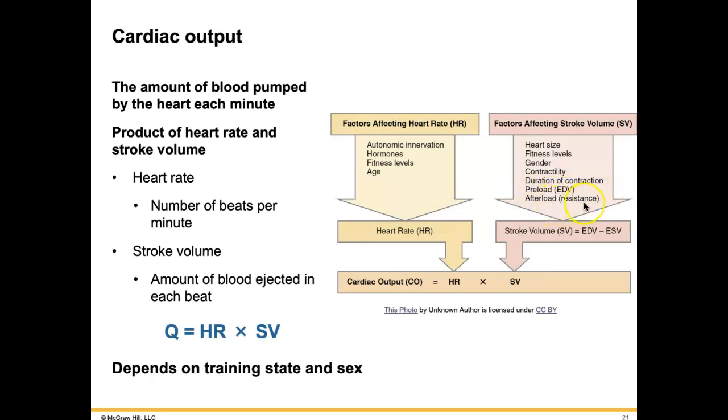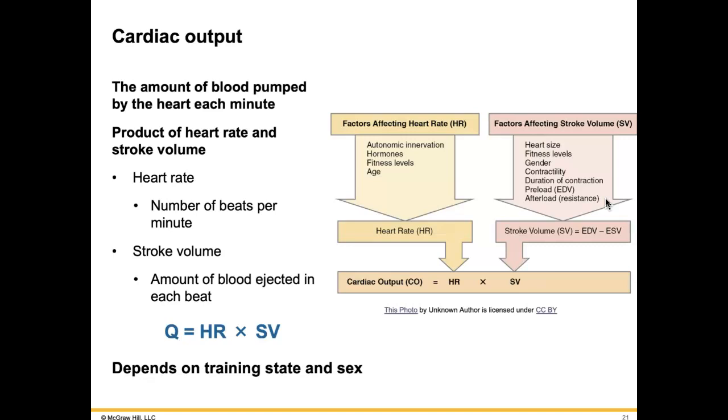And then the afterload is the resistance. So that is going to be the resistance that we have within the vessels when we are trying to push that blood from the ventricles into the aorta or the pulmonary trunk.